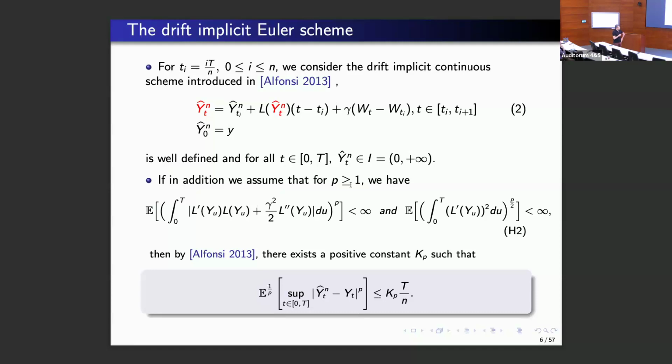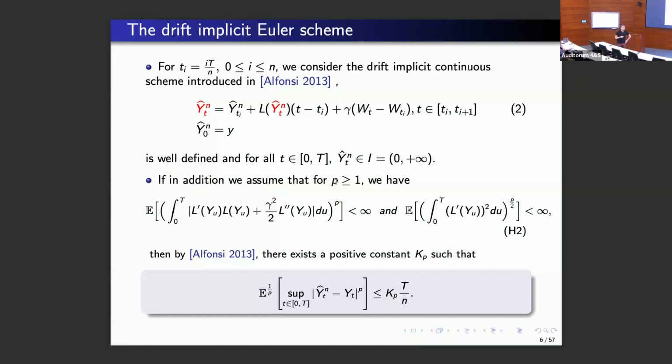But Alfonsi dug a bit more in this direction in order to guarantee the positivity of the scheme. So he kept this in mind, and he introduced this kind of implicit scheme, as you can see here. And he showed that under these assumptions that I showed you, the scheme admits a solution that is still positive.